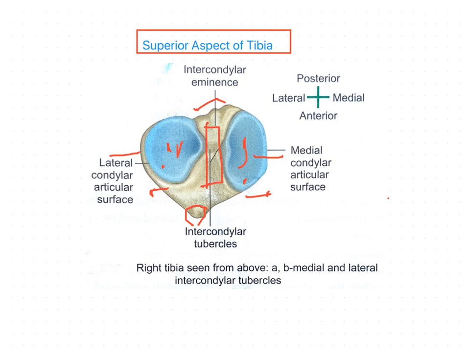The central parts of the articular surfaces are slightly concave. So this part is slightly concave because at this part it is somewhat thinner, which receives the femoral condyles here.